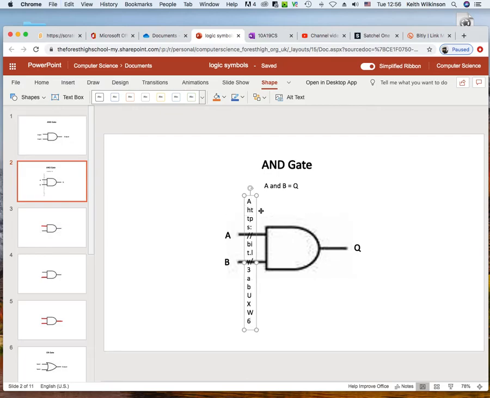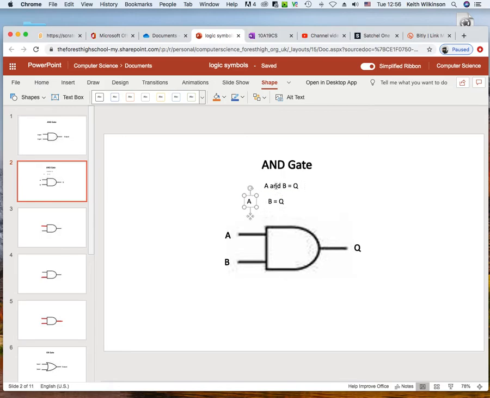Whoops, no, can't do that. There we go. Got A and B equals Q.